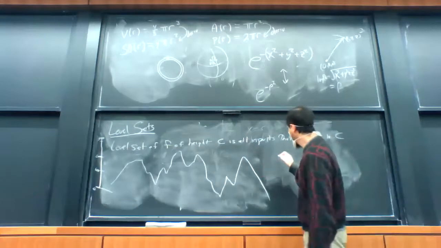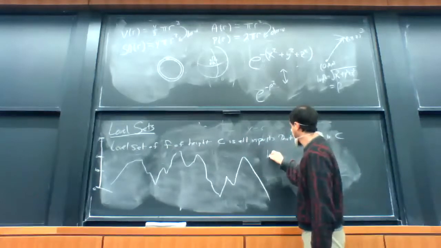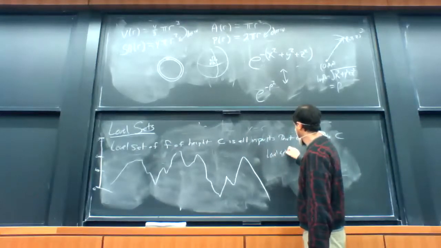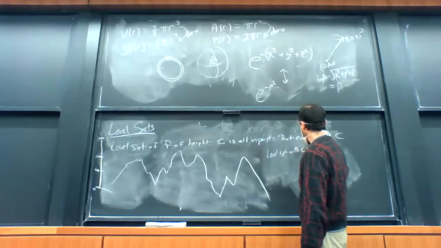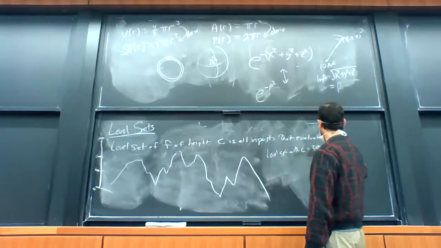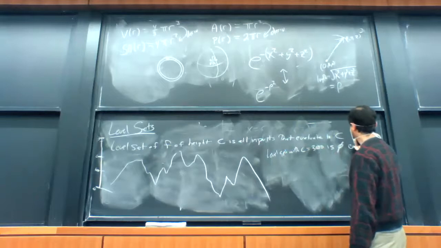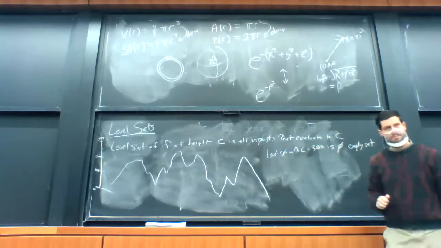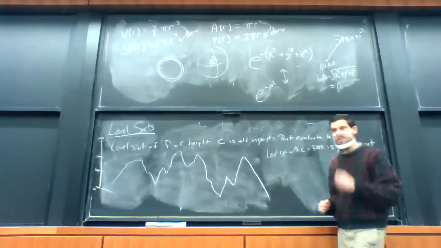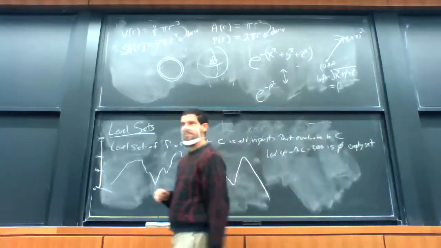None. So you could say the level set with C equals 3,000 is the empty set. There would be no points that are 3,000 feet.